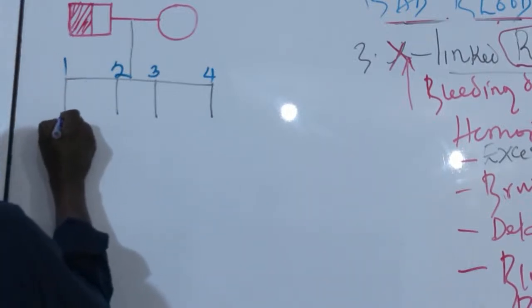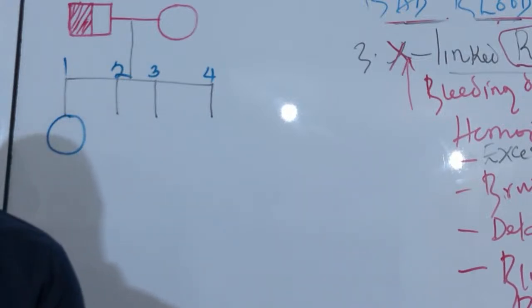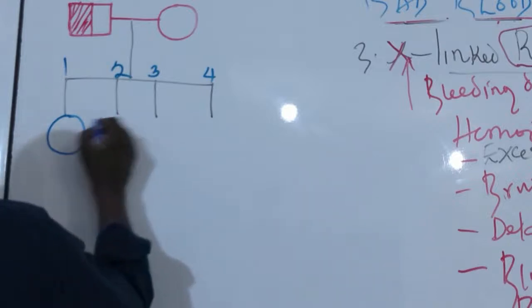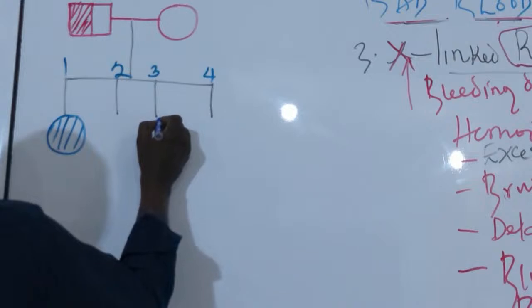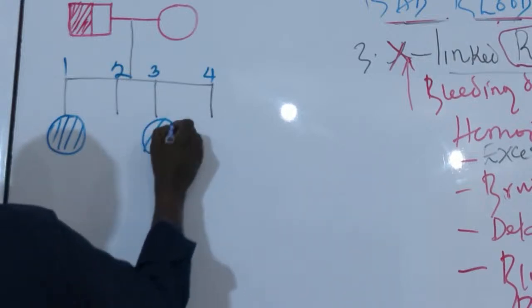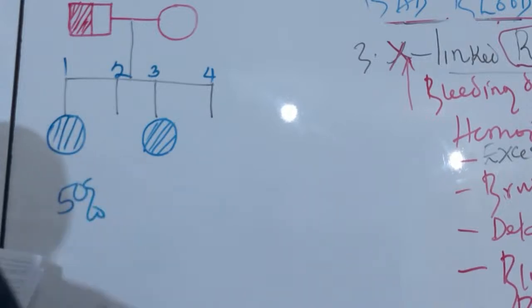So if you now see the female being affected, the probability that the female will be affected is 50%.